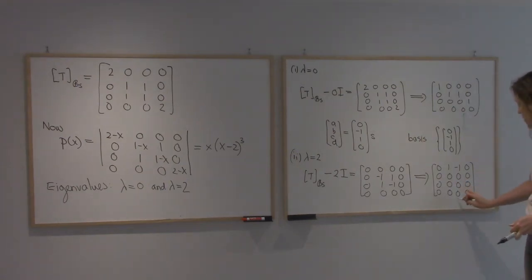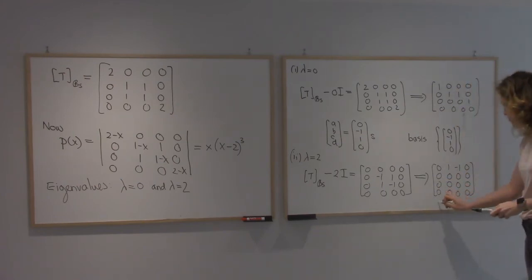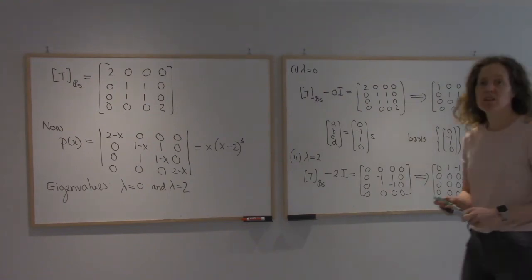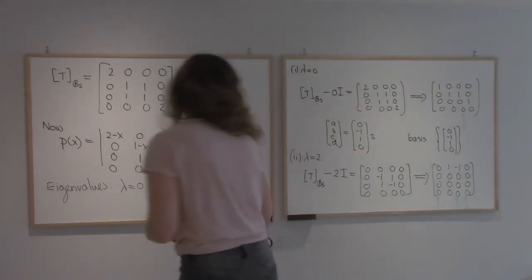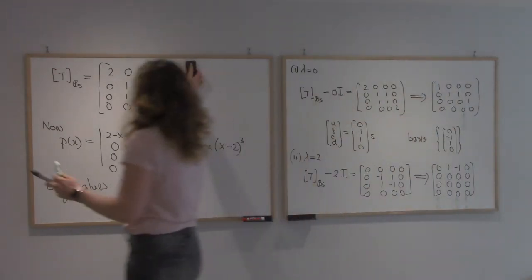Now I'm going to have a free variable here, a free variable here, a free variable here. So I'm getting a three-dimensional subspace for that eigenvalue.